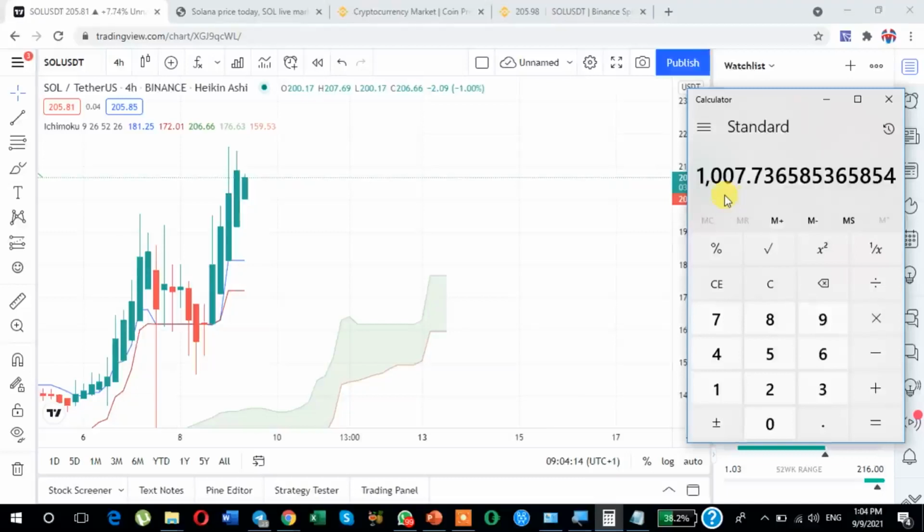My total profit is what? 1007 USD, because my buy price was 998 minus.